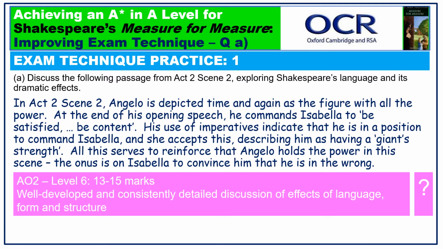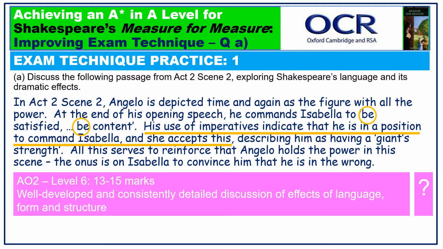Well, we have some explanation of the effects of Angelo's imperatives. These are appropriate given the unequal positions of power between the two, with him being temporarily in charge of Vienna and Isabella a mere nun in training.